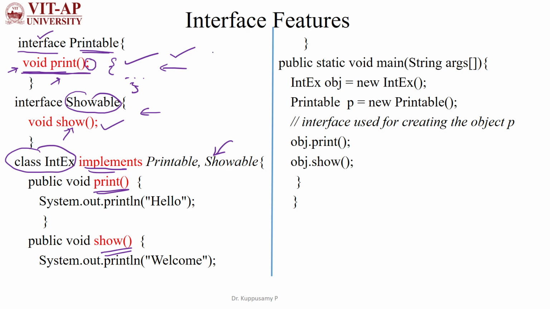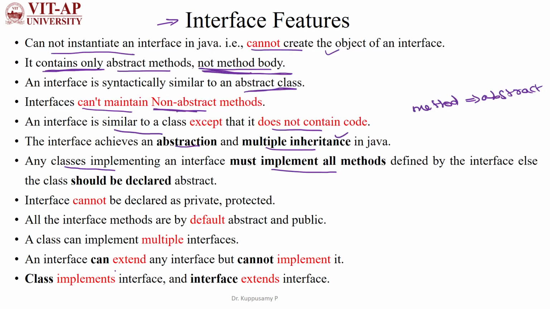And also you can have any number of interfaces with any number of methods. All the methods should be implemented inside any one of the classes, right? That is the thing, it should be defined as an interface feature, and that should be declared as abstract.